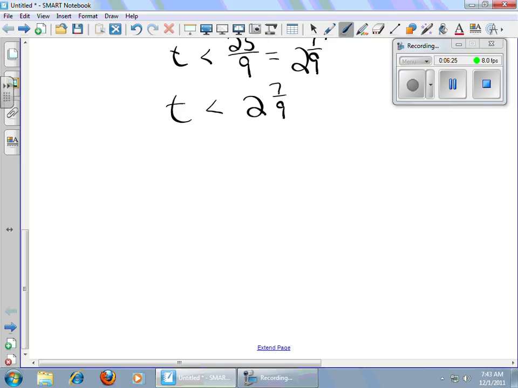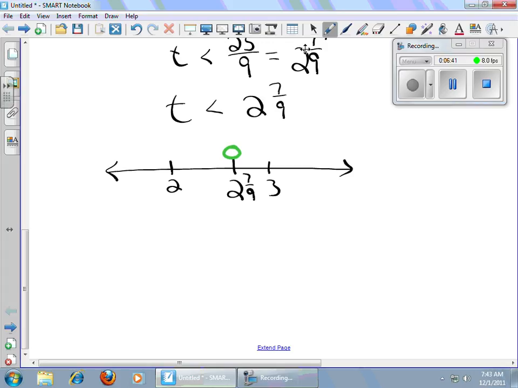And I know approximately where that is on a number line. 2 and 7/9 is pretty close to 3, a little bit farther from 2. I know it's going to be an open circle, and now I need numbers that make this a true statement.